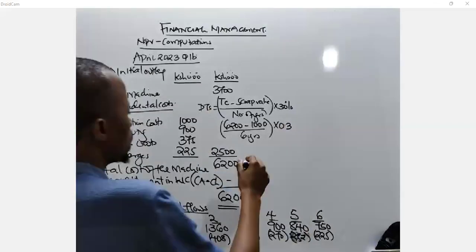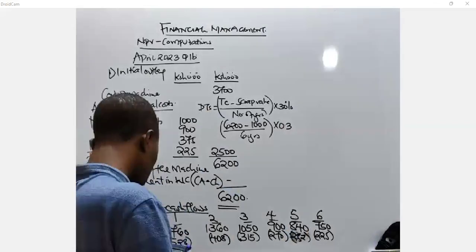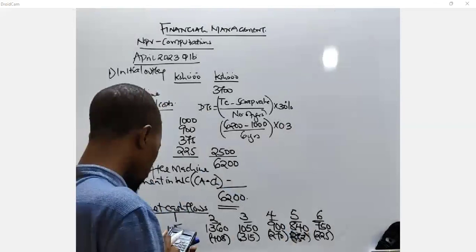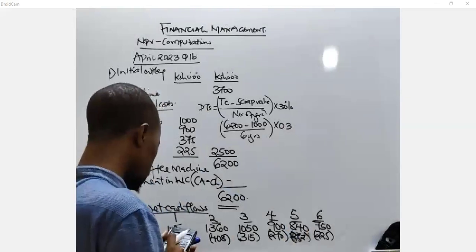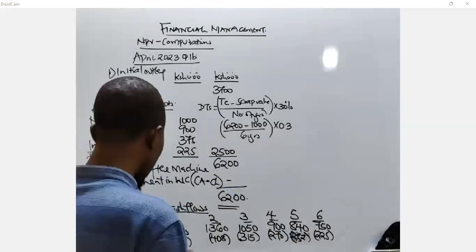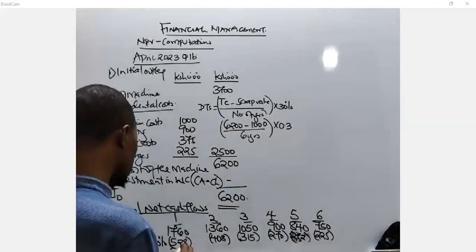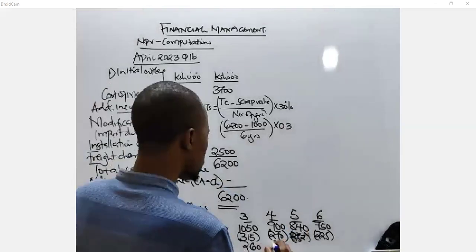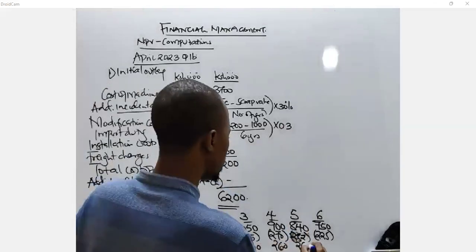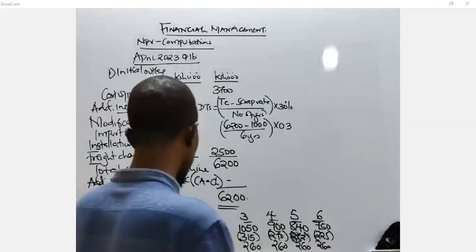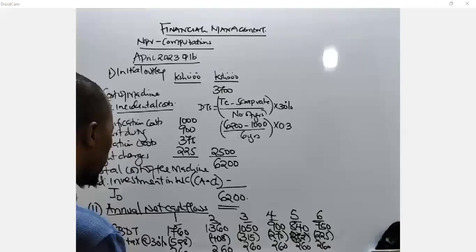So this is 5,200 divided by 6 times 0.3. We are getting 260. So 260 across.